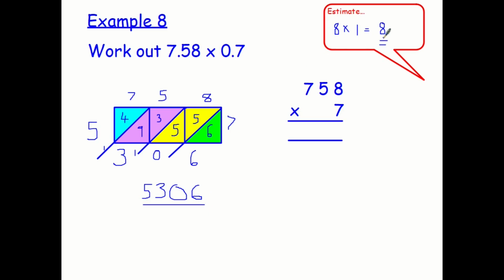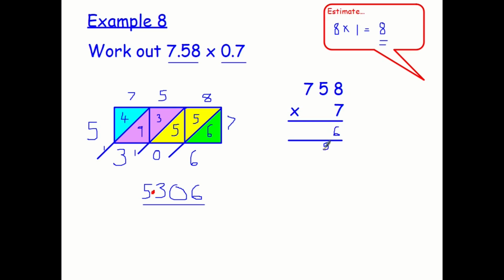Look at the estimate. The estimate was 8, but we know if we're doing 7.58 multiplied by a number less than 1, it's going to be lower than 7.58 even. Yes, this is my estimate, but I've got to think back to the question. It's going to be less than 7.58, so I reckon the final answer is 5.306. Let's do the column method. 7 eighths are 56 units there.